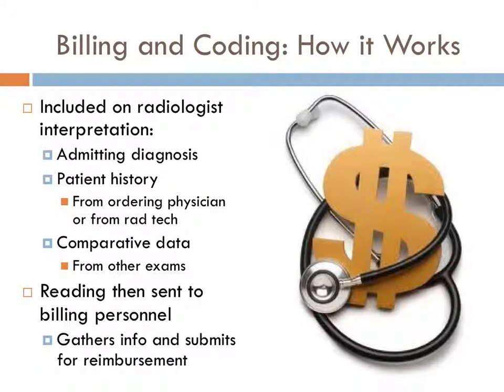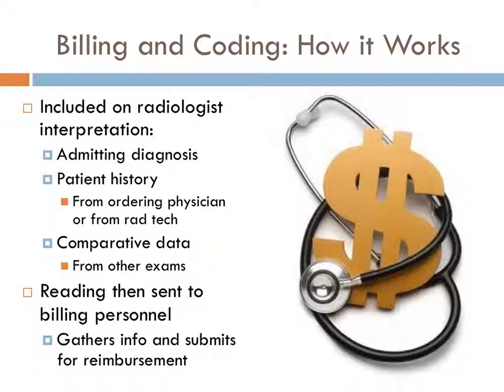Once the procedure has been properly ordered and imaged and everything is completed, the radiologist will then give his or her interpretation based on the information that they were presented. This usually includes the admitting diagnosis, the patient history from the ordering physician or from the rad tech, any comparative data from other exams, and then the reading is sent to the billing personnel, who then compare it to the necessary demographics and codes that are submitted for reimbursement.